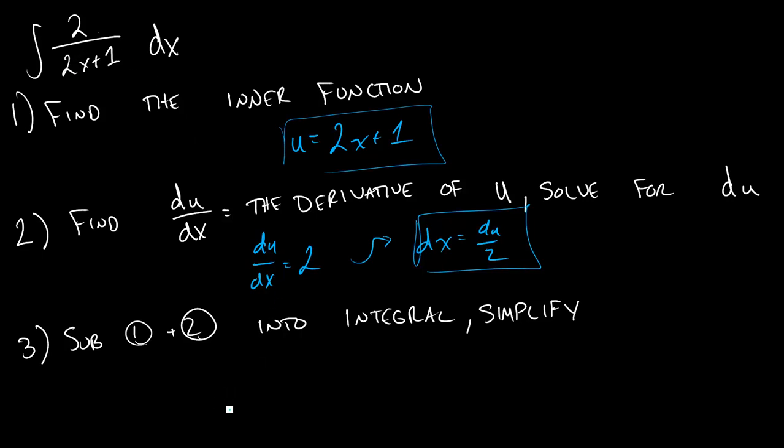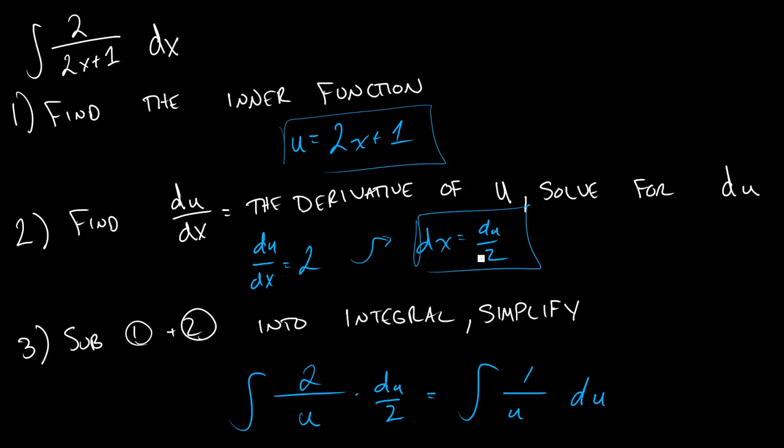So I'll have the integral of 2 divided by u, right? Rather than 2x plus 1, I'm going to write u. And then rather than dx, I'm going to write times du over 2. Now this is going to simplify pretty nicely. This will be the integral of 1 over u du.